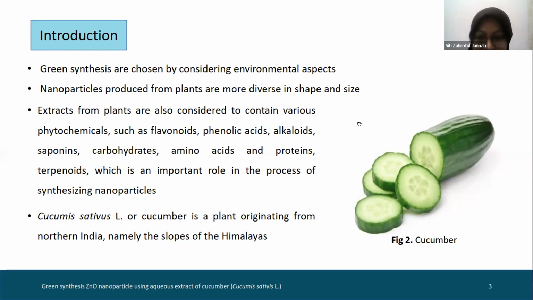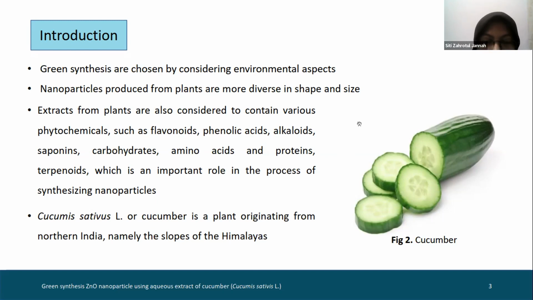Various studies have shown that plants are considered prime candidates and suitable for large-scale green synthesis of nanoparticles. Because plant extracts are also considered to contain various phytochemicals such as flavonoids, phenolic acids, alkaloids, saponins, carbohydrates, amino acids, proteins, and terpenoids, which play an important role in the process of synthesizing nanoparticles.